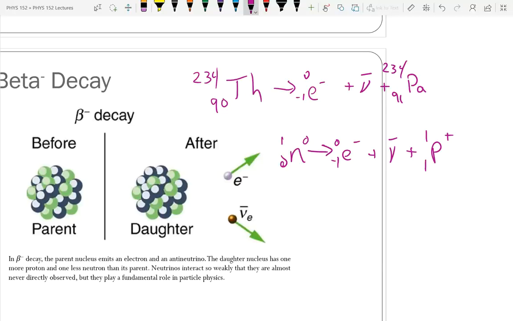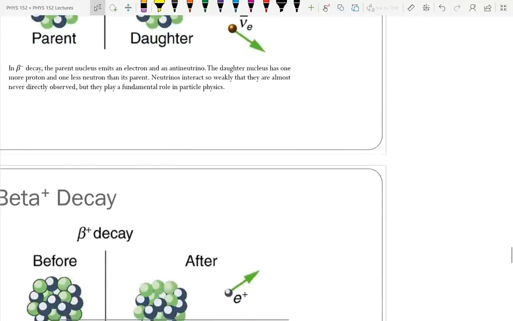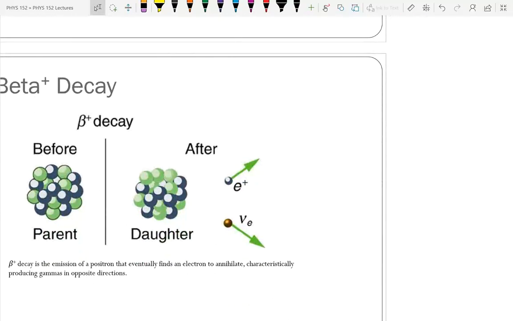A little more complicated. Well, what about the beta plus decay then? The beta plus decay is going to be, and I can't think of something that gives off a beta plus decay, so I'm just going to draw the shorthand of it. A proton decays into a positron plus an electron neutrino plus a neutron.